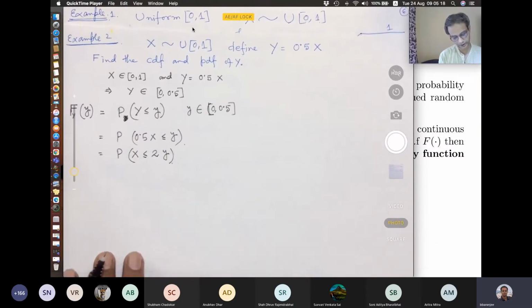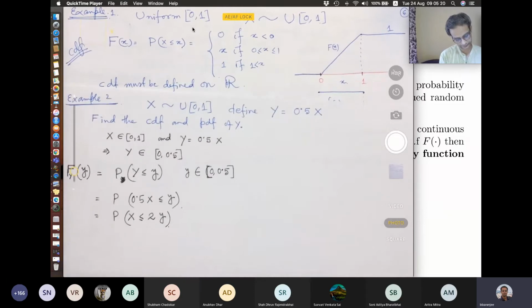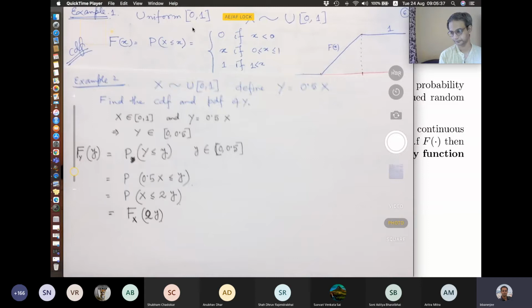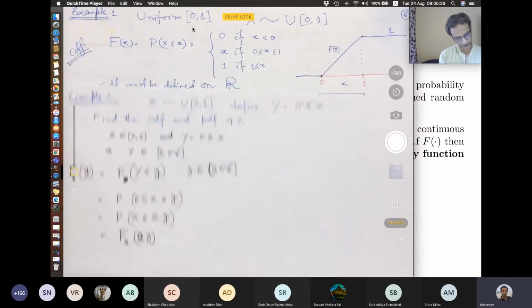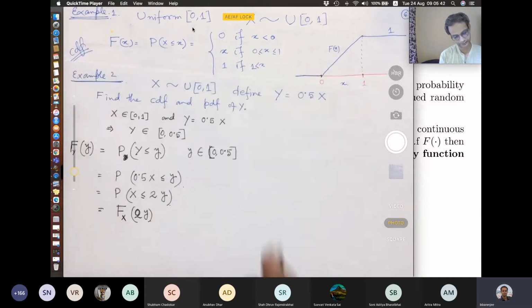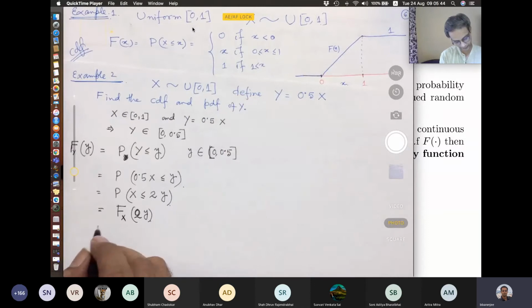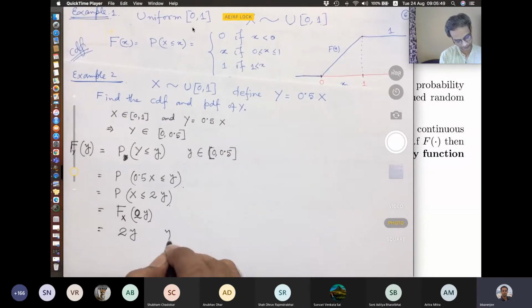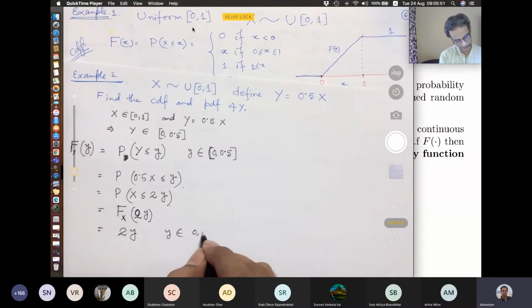Now, what is the CDF of x? So this is eventually F x of 2y. So the CDF of x is looking like this. So this is equal to 2 times y when y belongs to 0 to 0.5.